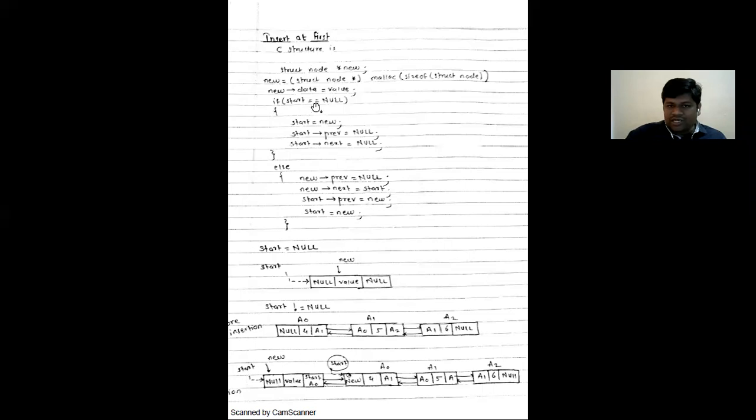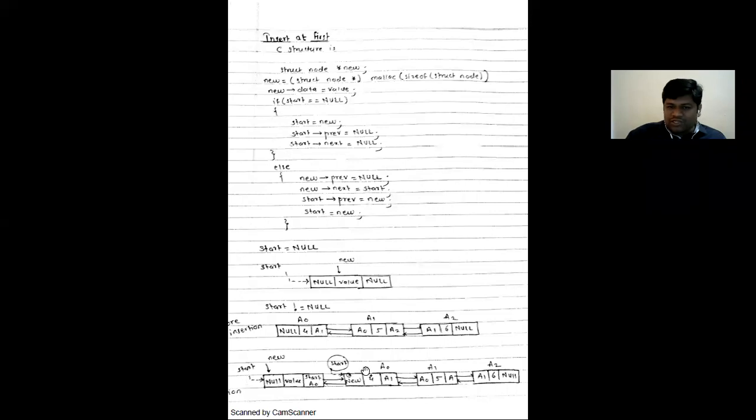Now you are checking start is equal to null, so this condition is false. So if the element is already present, now what you are doing: new of previous, whatever the new element you are inserting, is initially null, right? Now new of next काय असणार आहे, new of next is equal to start you are assigning, right?